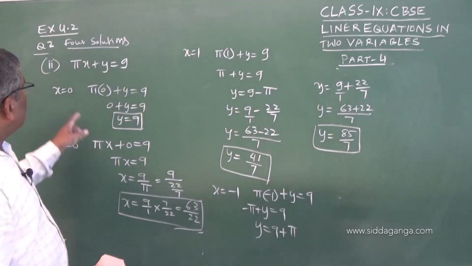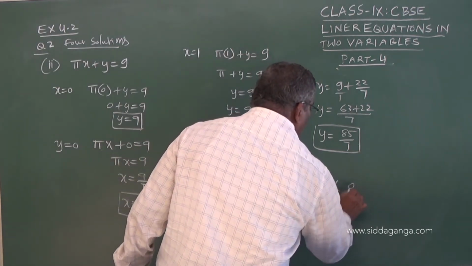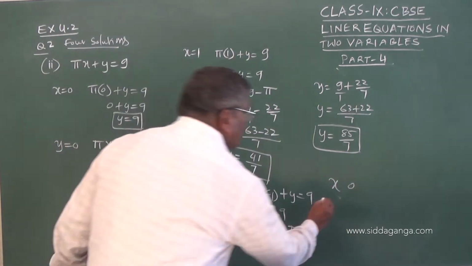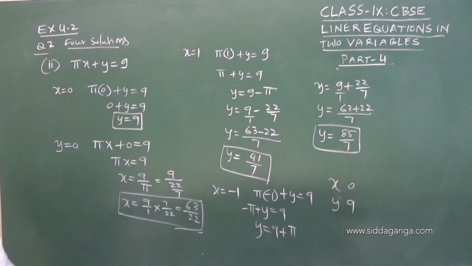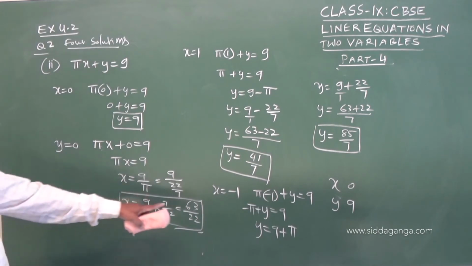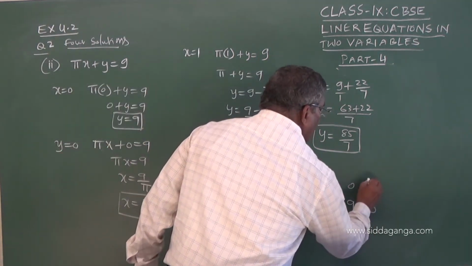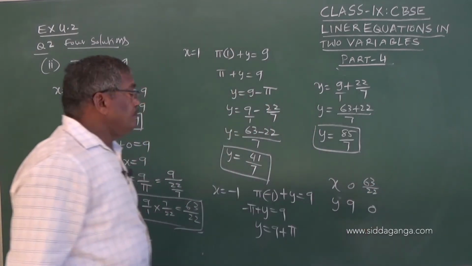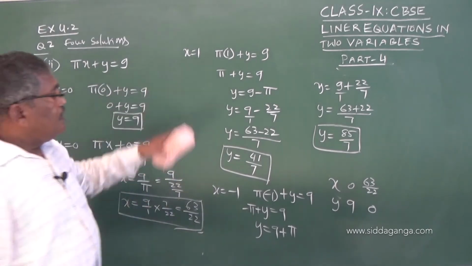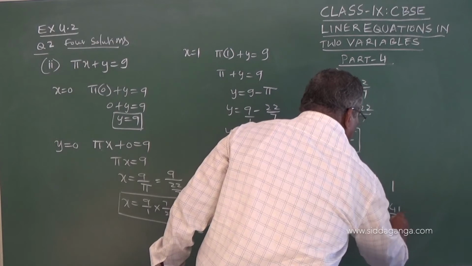Now you can tabulate your answer. We got 4 answers. So when x is 0, y is 9. When y is 0, x is 63 by 22. And x is 1, y is 41 by 7.